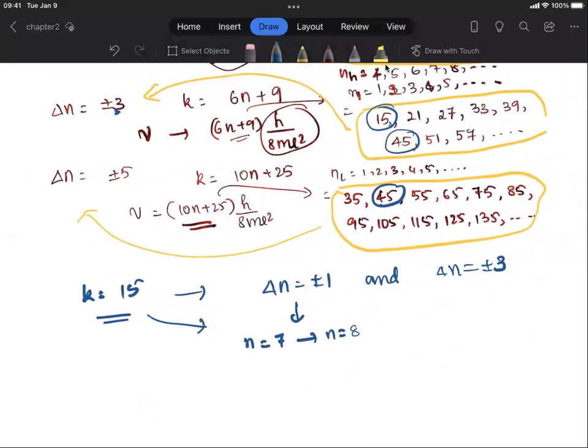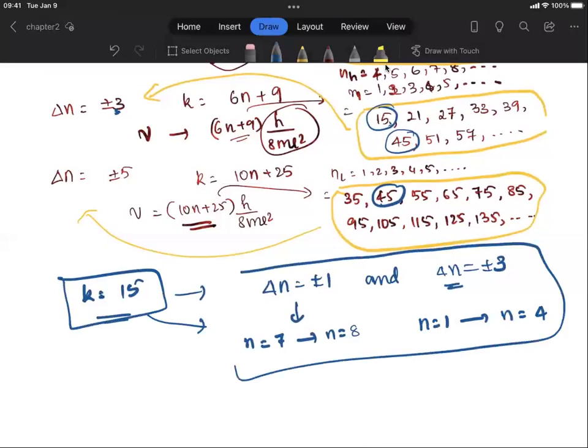The other transition that gives you k equals 15, where delta n is plus or minus 3, is where you go from n equals 1 to n equals 4. So k equals 15 is the answer, and these are the transitions that result in k equals 15.